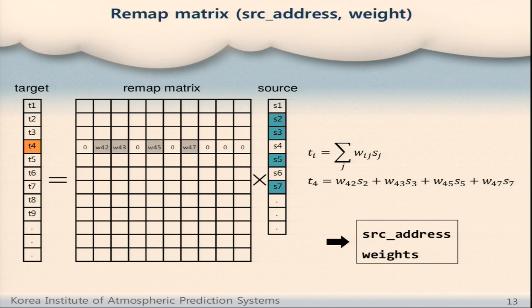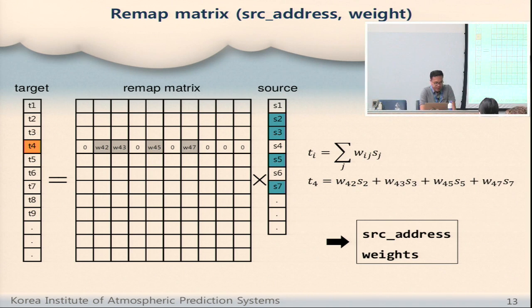As shown in the figure, the target point number 4 is obtained by multiplying the source grid points number 2, 3, 5, and 7 by the appropriate weights. This association can be expressed in the form of a matrix-vector multiplication. Since the remap matrix is a sparse matrix, it can be expressed simply as two arrays of source address and weights for computational efficiency.